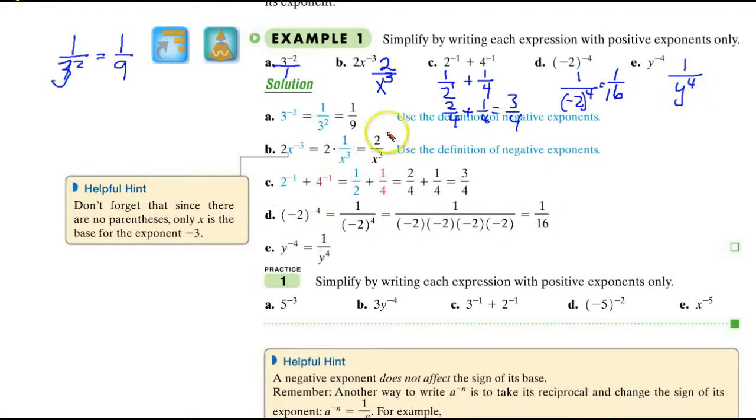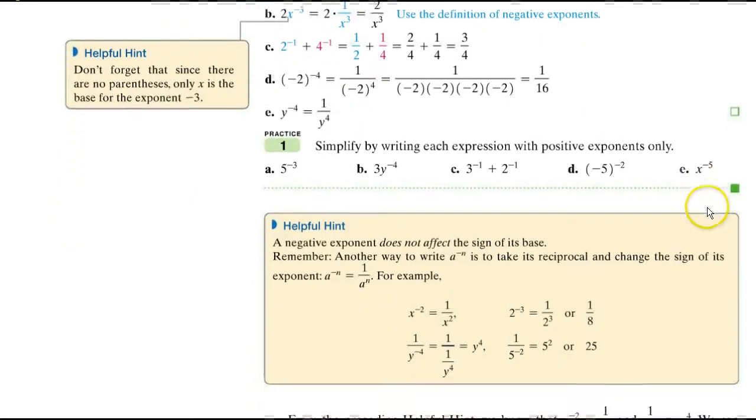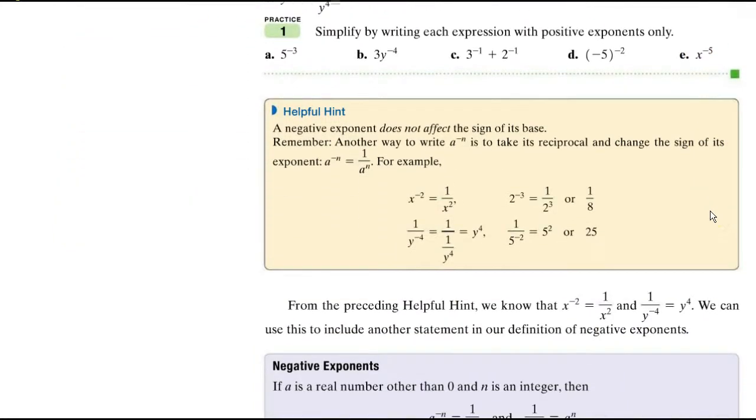And they have it all worked out here for you as well. Let's do the practice and raise it up a little bit too. So this is 1 over 5 to the 3rd, which is 125. The 3 stays up, and this is y to the 4th.